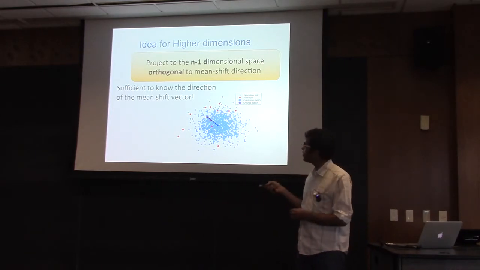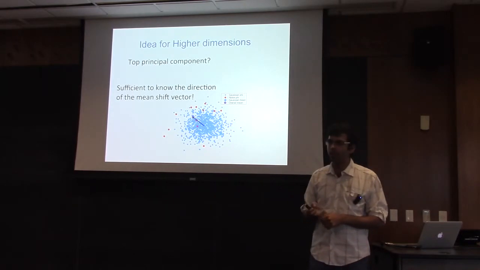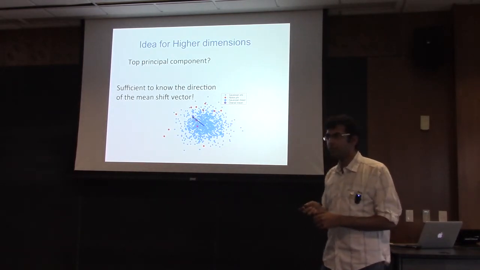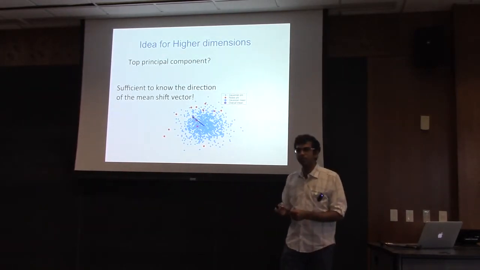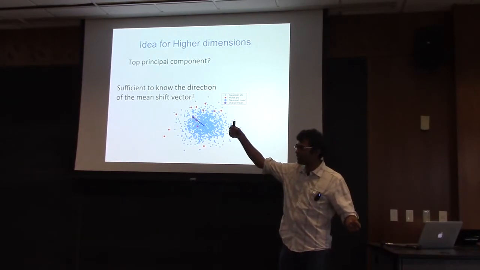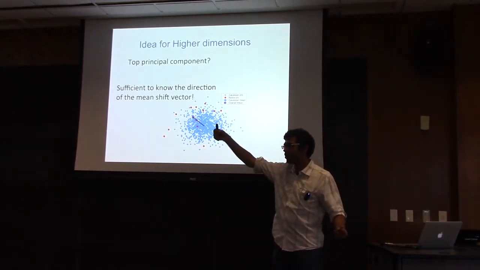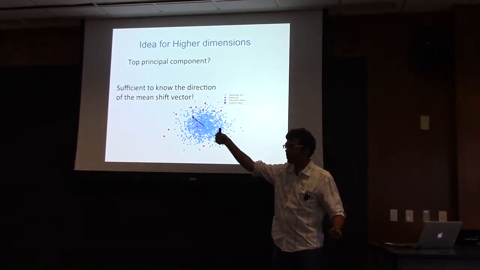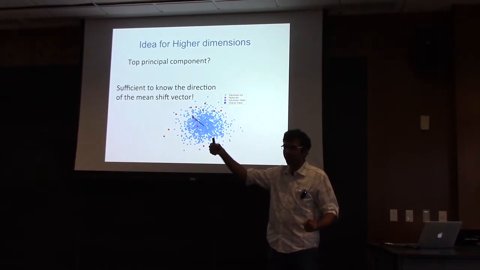So a natural next guess would be, would the top principal component of the covariance matrix work? Would that be along this direction? But a moment's thought would say no. If you place 2 points symmetrically at, say, infinity, you can make that direction the top principal component of the covariance matrix without having any mean shift in that direction, because you placed them symmetrically about the mean.